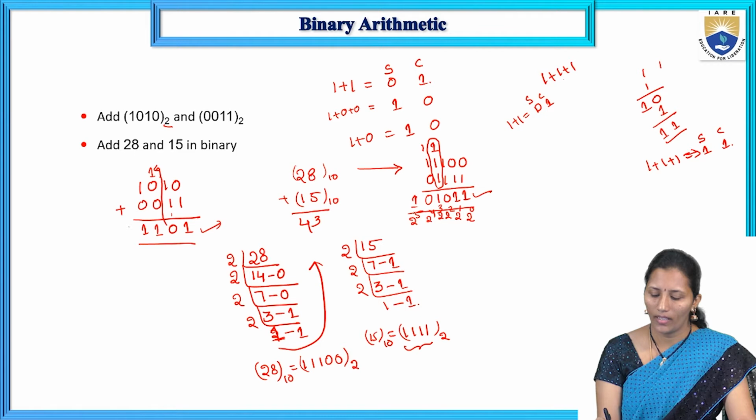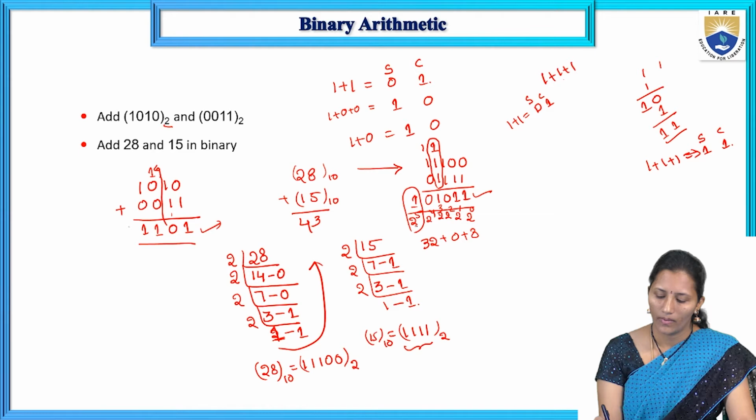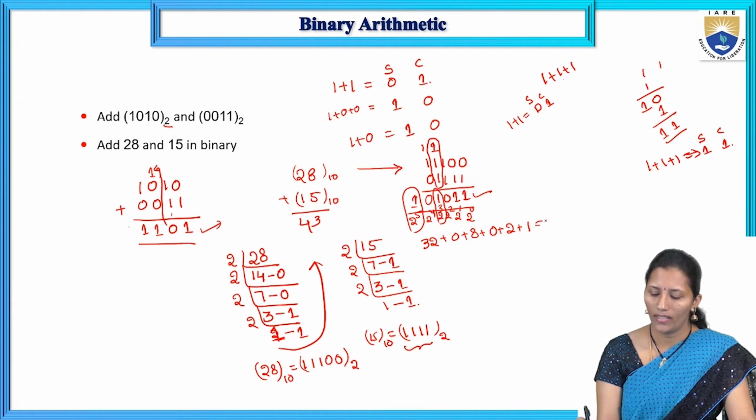So 2 power 5 is 32 into 1 plus 0 into 2 power 4, 0 plus 2 power 3 is 8 into 1, 8. Weight and the digit multiplied. 8 plus 0 plus 1 into 2, 2 plus 2 power 0 is 1, 1 into 1, 1. So if we add all these things, you will get 43.